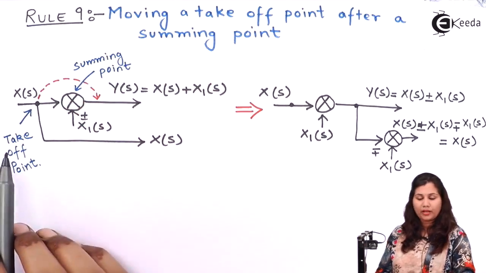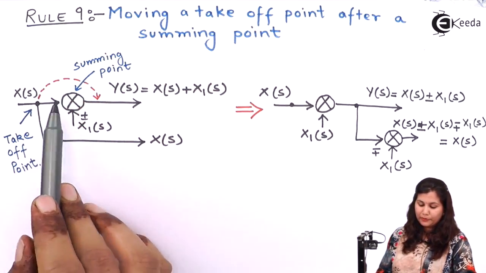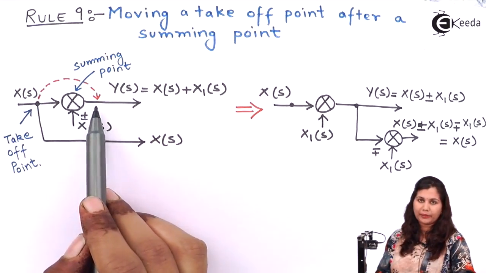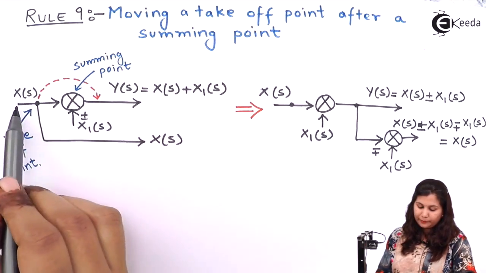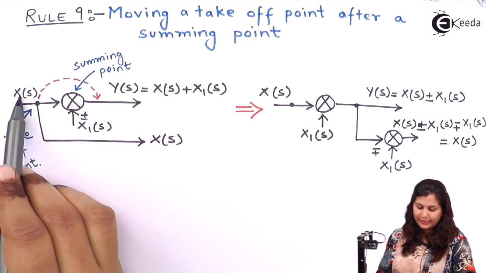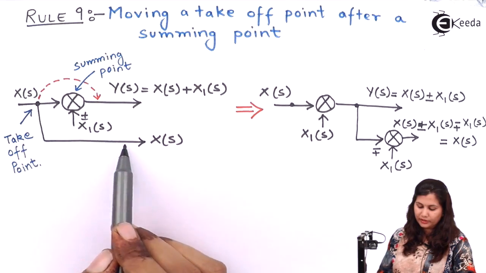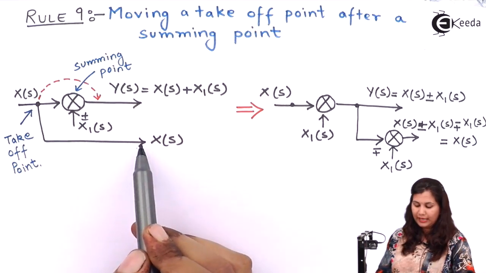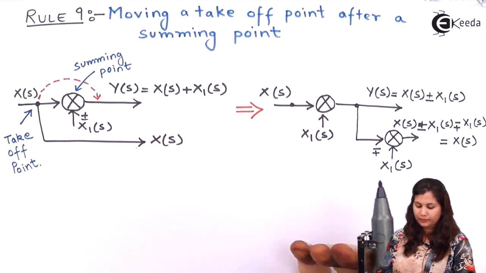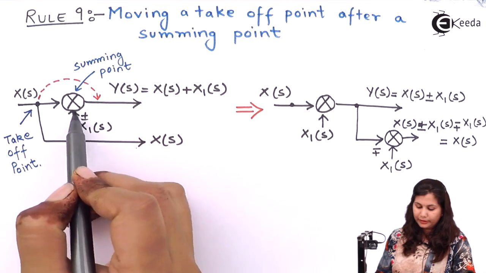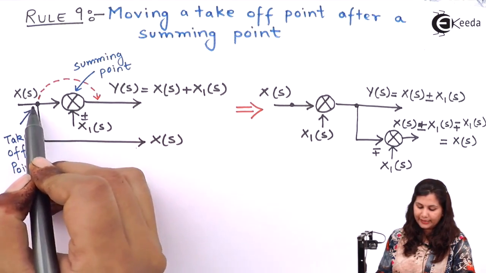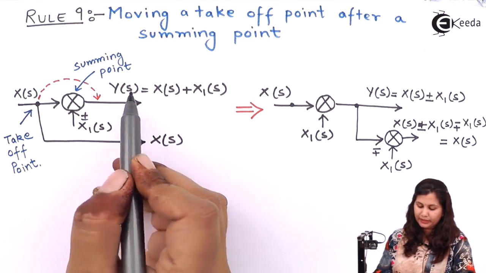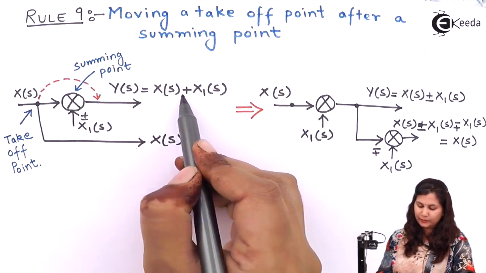You want to move this takeoff point from a position before the summing point to a position after the summing point. Now the input to this summing point is X(s), and this X(s) is also given here because this takeoff point is giving the same signal as an input to another block, and the second input is X1(s). So the output will be X(s) plus minus X1(s).